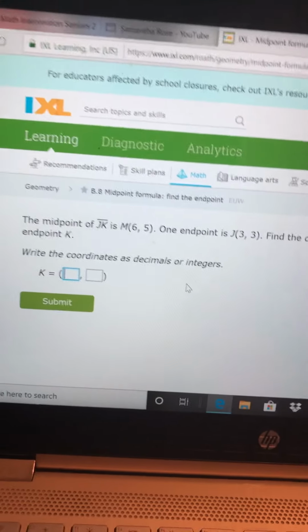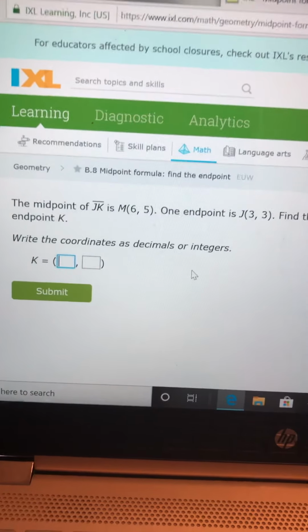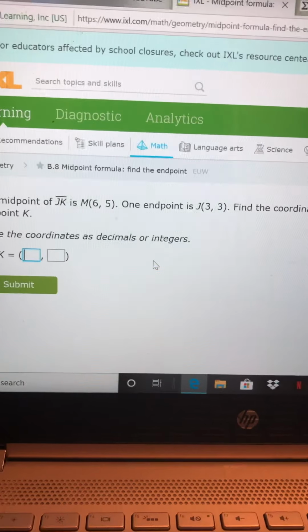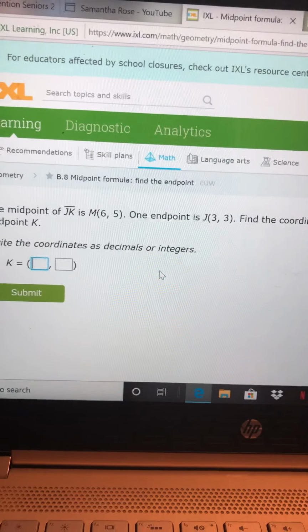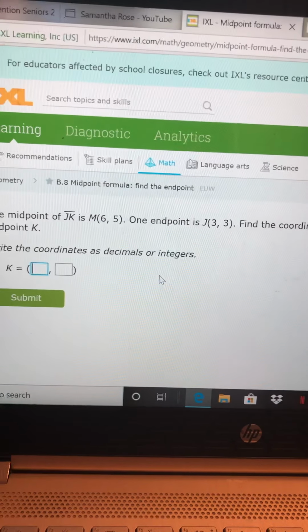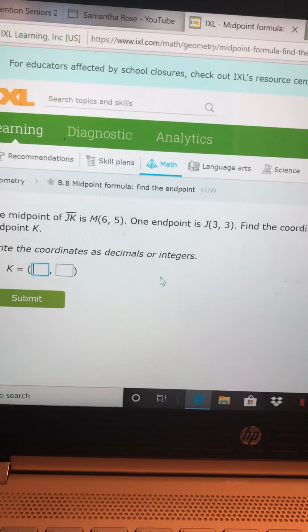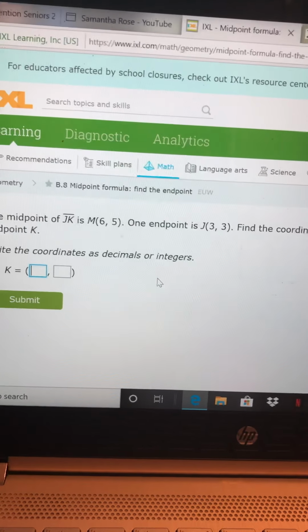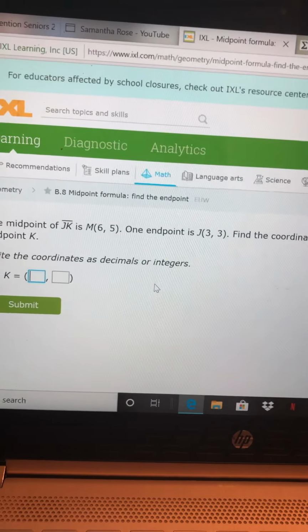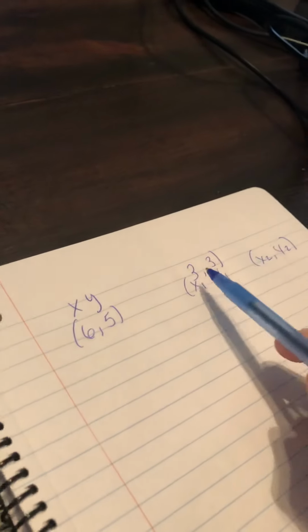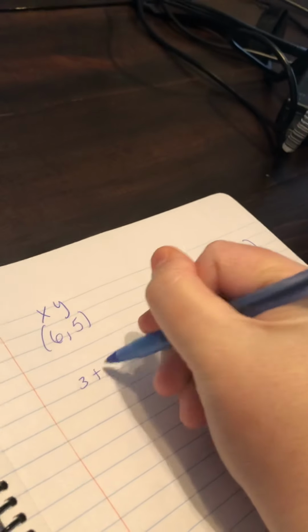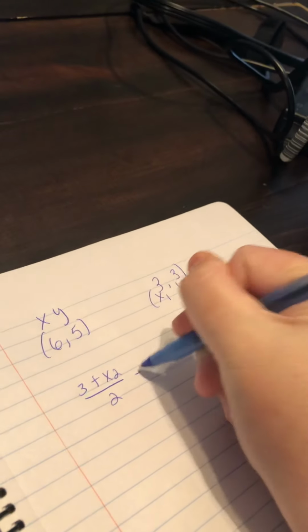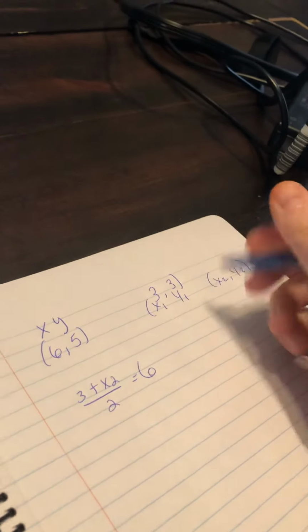Okay, this one, the answer is 6, 5. That's my x and my y. x1, y1 is 3, 3. I want to know what's x2 and y2. All right, so 3 plus something over top of 2 has to equal 6.